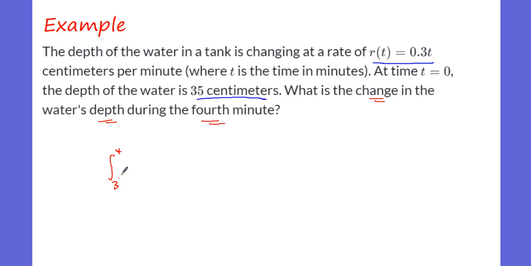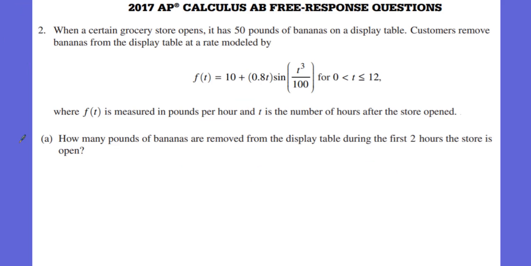We're just taking the integral in this fourth minute from 3 to 4 of 0.3t dt. If I do that, I end up getting 21 over 20, and it would be in centimeters, because this rate of change is centimeters per minute. In the fourth minute, we've only changed just over 1 centimeter.